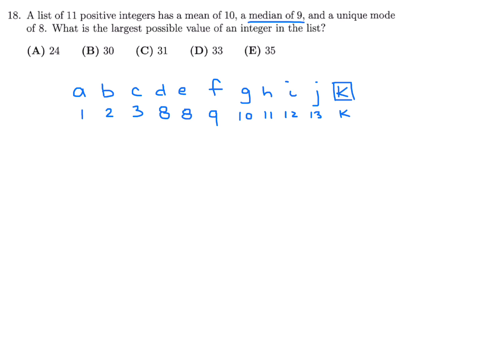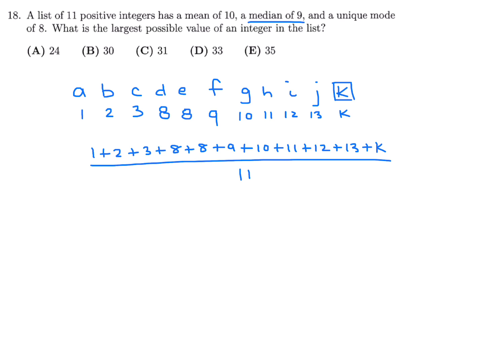All right. So adding these up, 1 plus 2 plus 3 plus 8 plus 8 plus 9 plus 10 plus 11 plus 12 plus 13 plus k all over 11 has got to give me an average of 10.